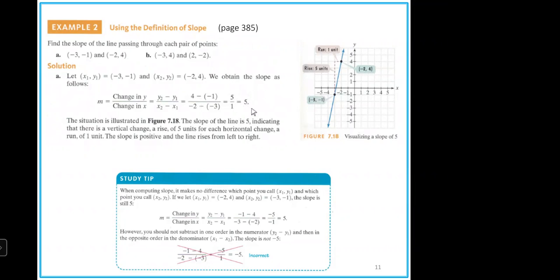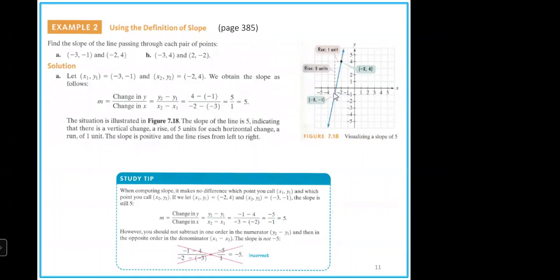Basically all that means is that for every 5 that you rise, you're going to have a run of 1. You can see it here. If you start at this point, -3, 1, and the other point is -2, 4, those are the 2 points that we plotted.